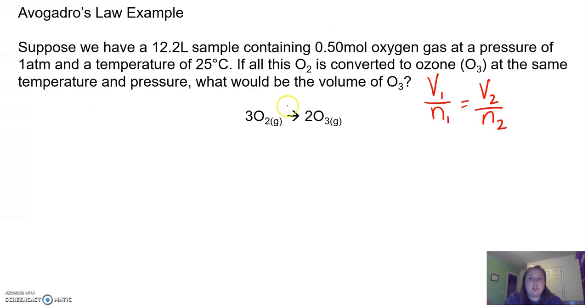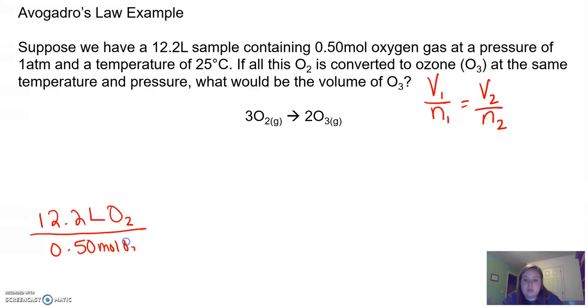So if I just look at this question and start plugging in the numbers that I have, my V1 is 12.2 liters of O2, and it says I have a half a mole of O2, and I know that I'm trying to find the amount of liters of O3.